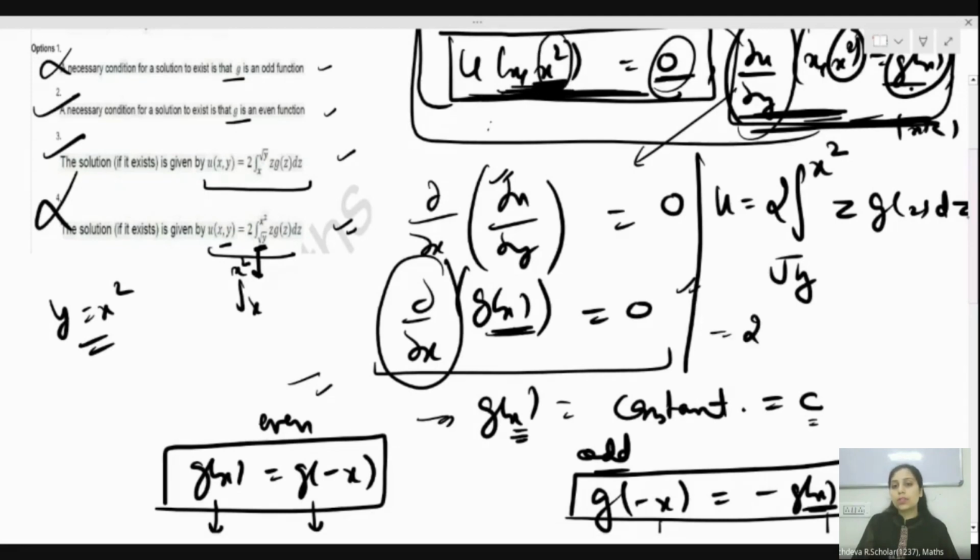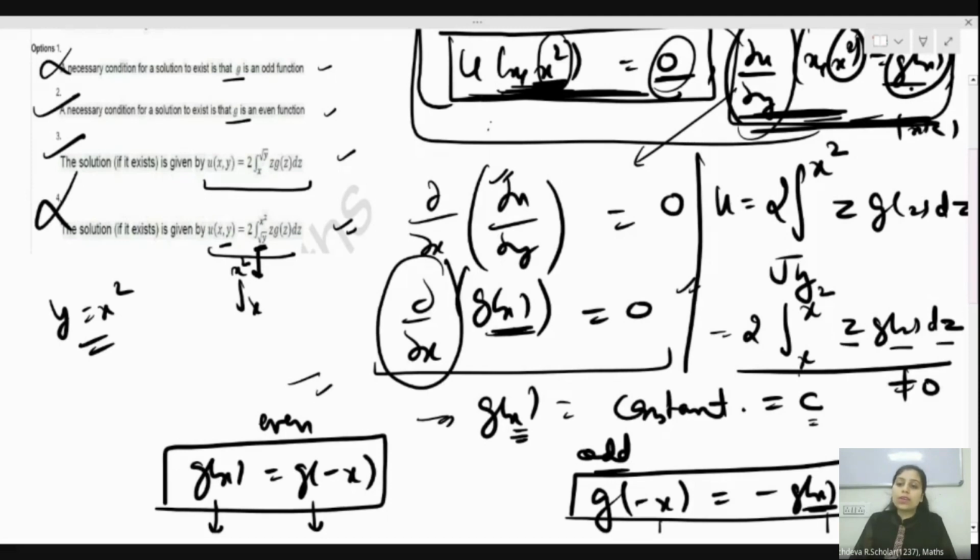You can see from here, y by x square, that means the lower limit is x square and the upper limit is x square, z g(z) dz. This is not equal to 0. Here the limits are x to x square, there is some function g, some function z, some function dz. With respect to dz, you are doing the derivative. It is not becoming 0, but in the third option the limit is x to x, so it automatically becomes 0. So this cancels option number 4.